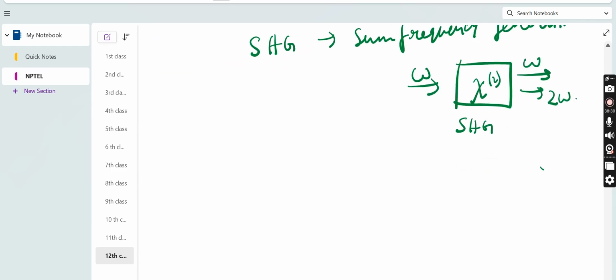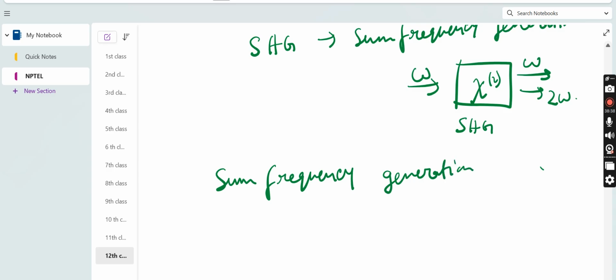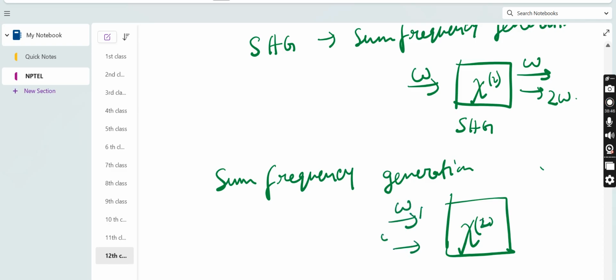But for sum frequency generation, the diagram is basically the material has chi 2. So we give omega 1 and omega 2, and we'll get omega 1 plus omega 2 frequency.